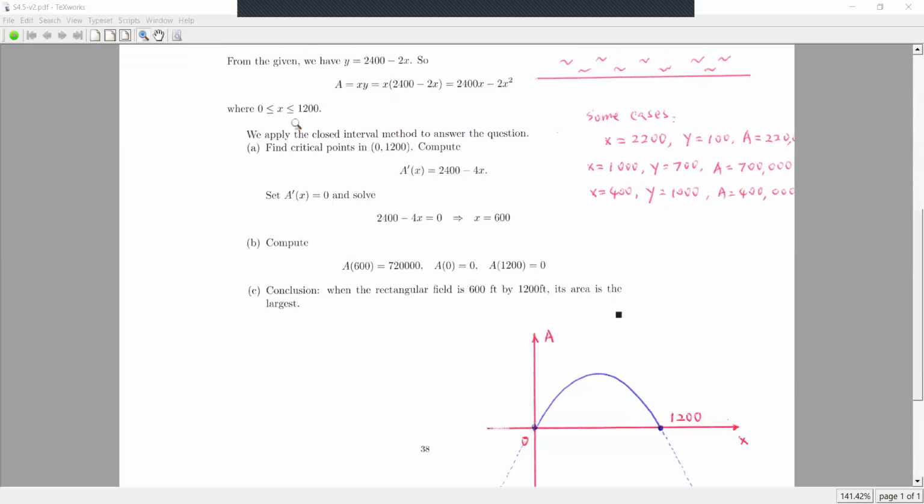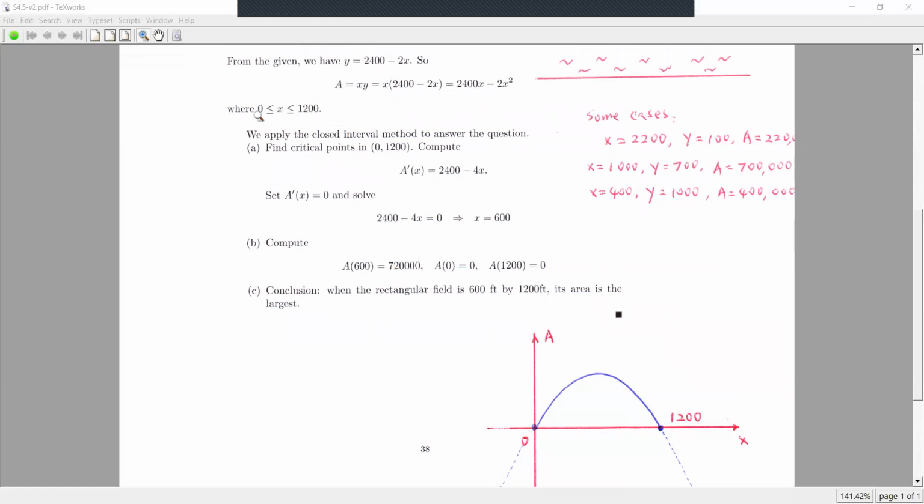Now, step 2 of the closed interval method is to compute the function value at the critical point. Plug in 600 for x here to get the function value. And also compute the function value at the two endpoints of the interval.